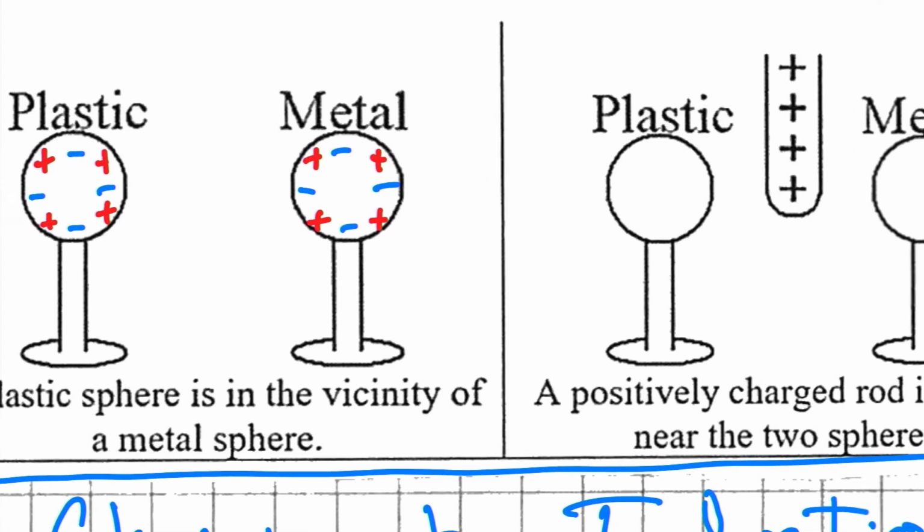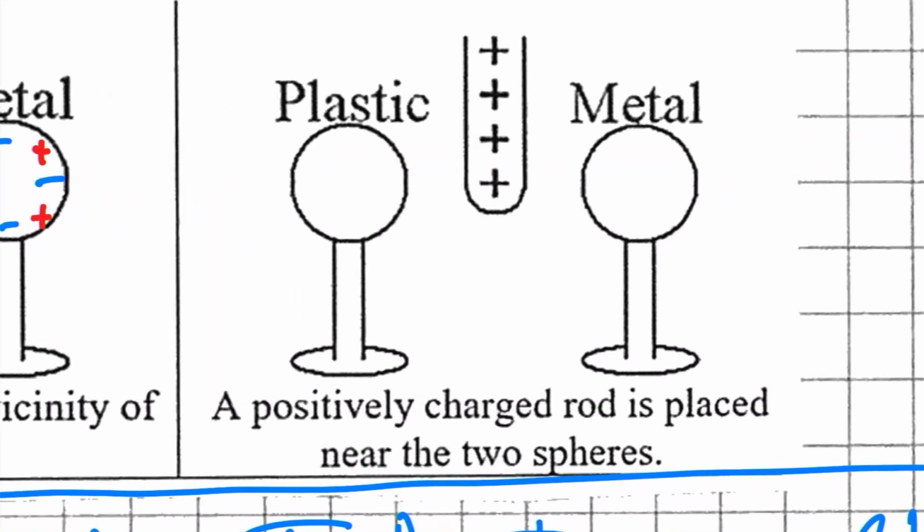And if I was to bring a positively charged rod nearby in the plastic, nothing's really going to change. The charges are not free to move in an insulator, so they will stay the same. Maybe this surface gets polarized a little bit. Maybe, just a little bit.